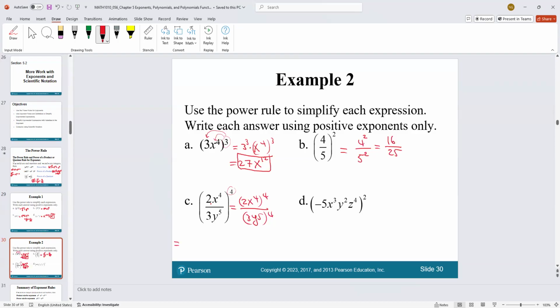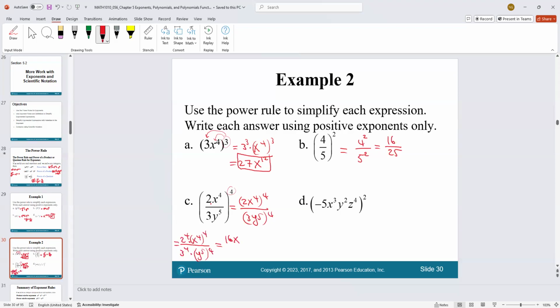Next, I must also give the 2 power 4 by itself, x power 4 power 4. You see, I distribute the exponent in the numerator, and I'll do the same in the denominator, because 3 power 4 times y power 5 power 4. Now, we apply the previous properties. 2 power 4 is 2 multiplied by itself 4 times. That gives you 16.